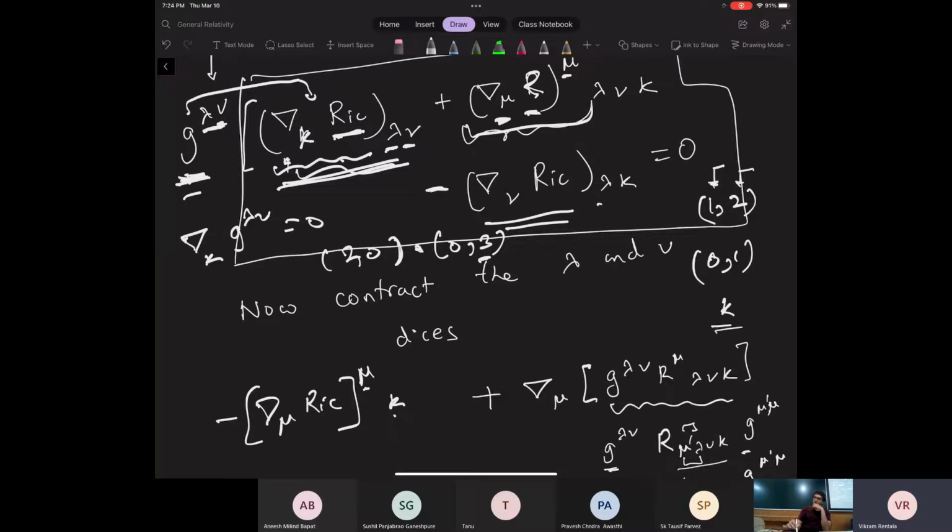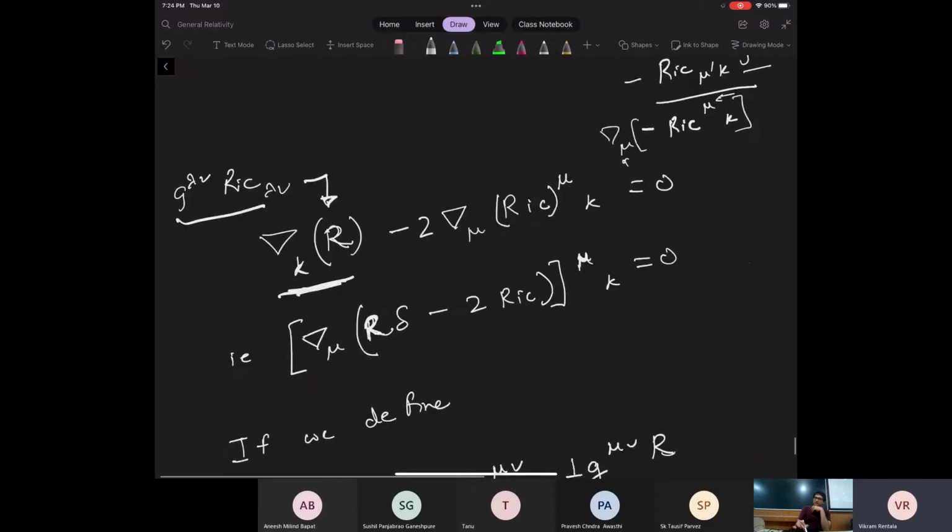Now for the last term, we are contracting the indices lambda and nu. Once again, it's like we're raising this lambda index and making it a new index after that contraction, but this is a dummy index which I can just label by mu. So this third term is exactly the same as what we get from the second term after contraction.